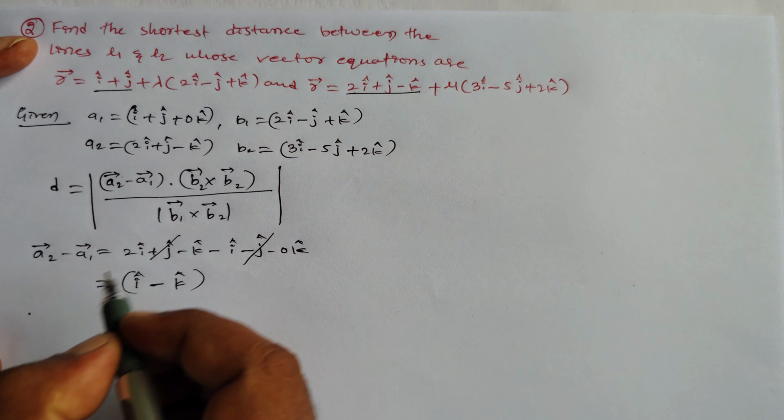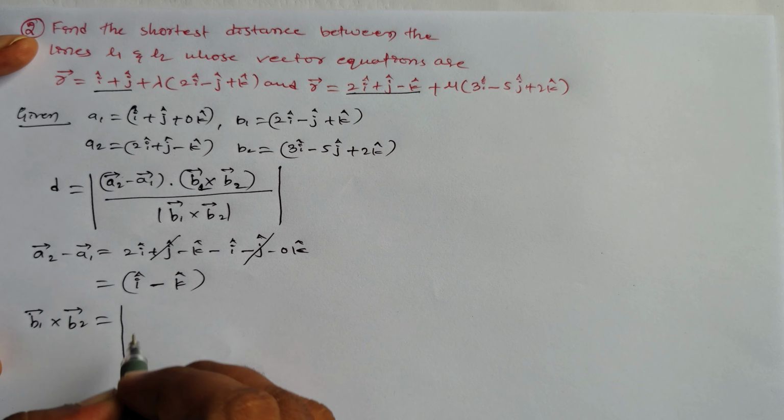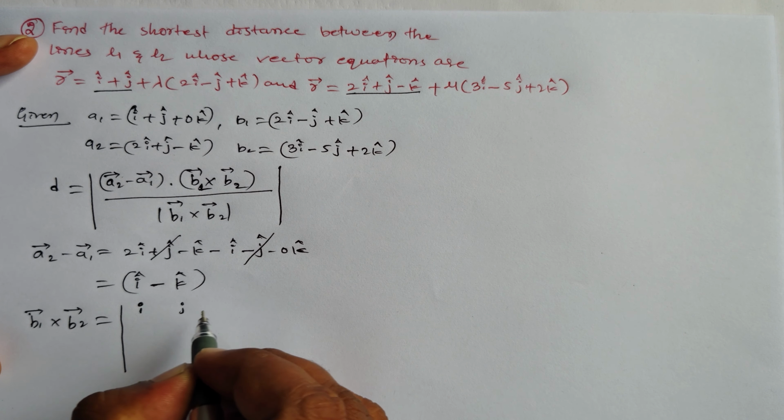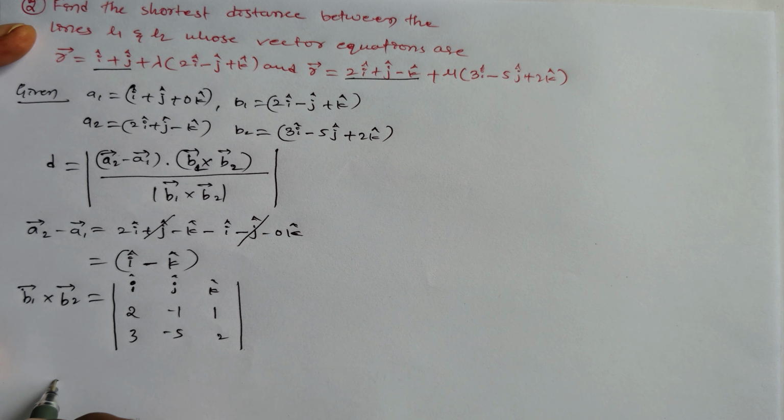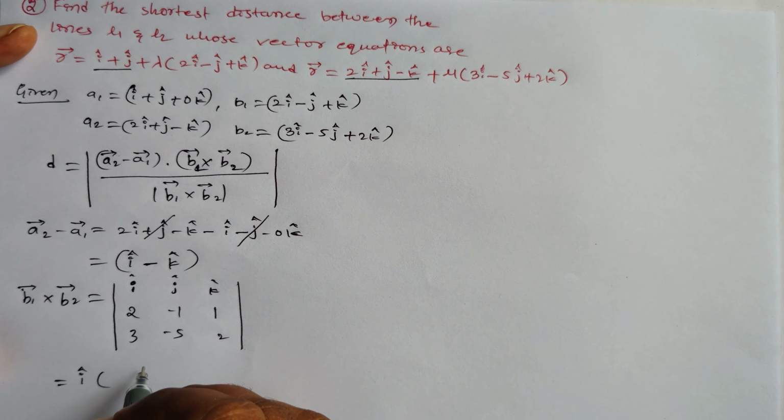B1 vector cross B2 vector equals the determinant of i, j, k. What are the B1 vector coefficients? Here it is 2, minus 1, 1, and 3, minus 5, 2. To find B1 cross B2, that is equal to i into bracket minus 1 into 2 becomes minus 2, minus 5 into 1 becomes minus 5, so plus 5.